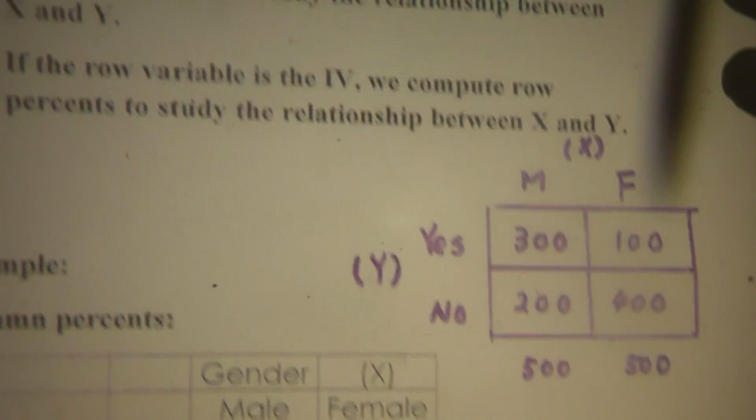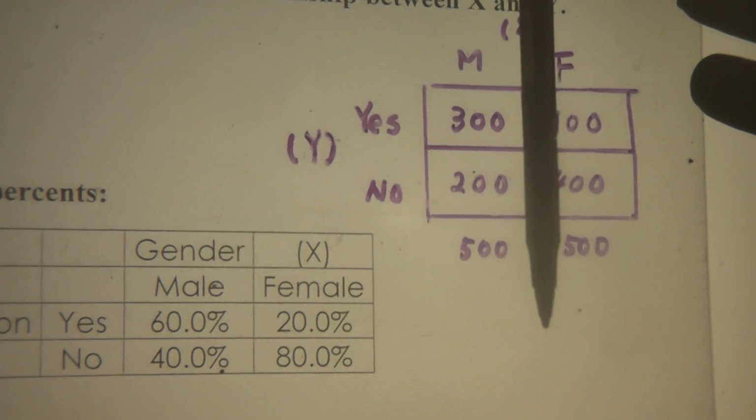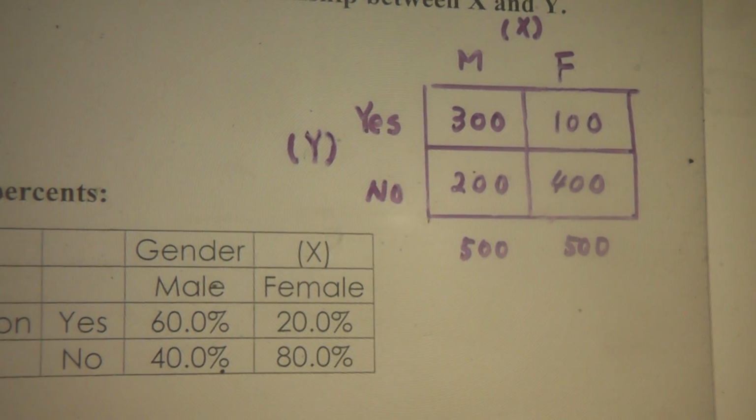Now, recall this is our original two-way table. We try to use gender to explain promotion status. So gender is the explanatory variable or independent variable. A quick way to understand why we use gender as an independent variable: think about this.